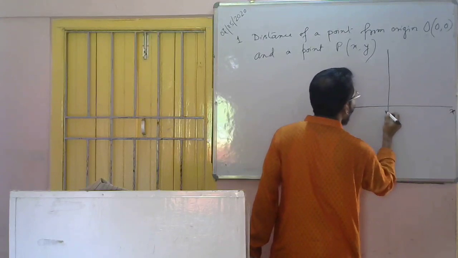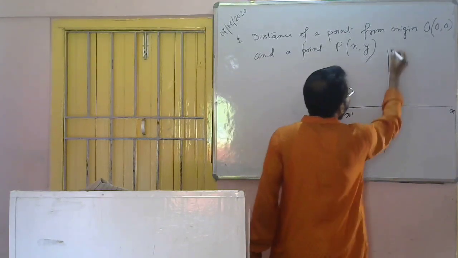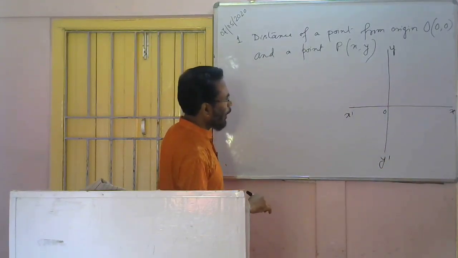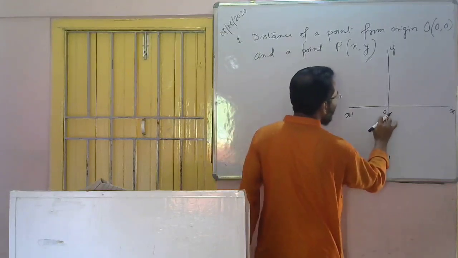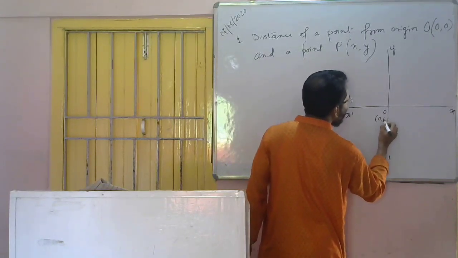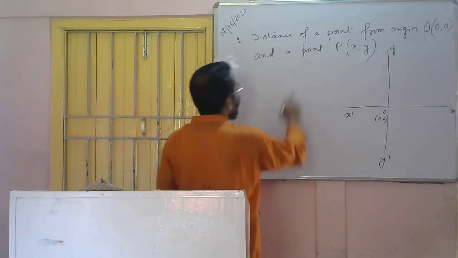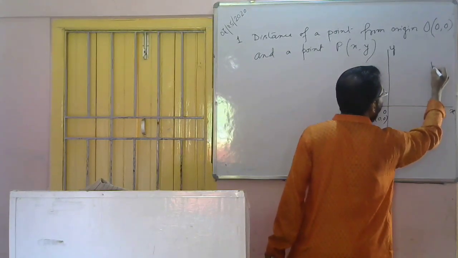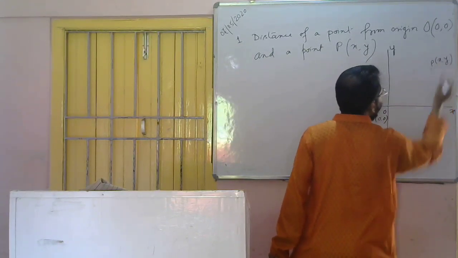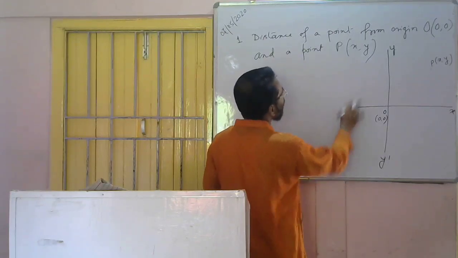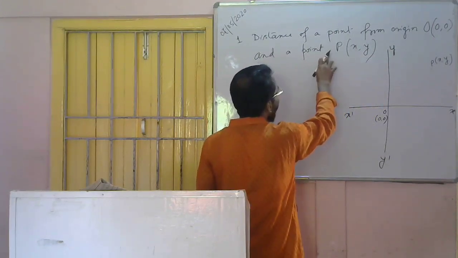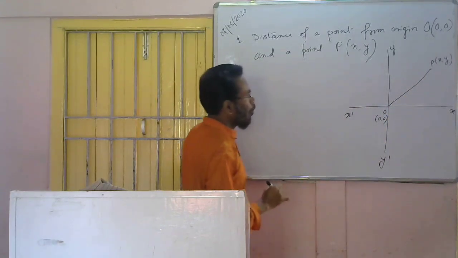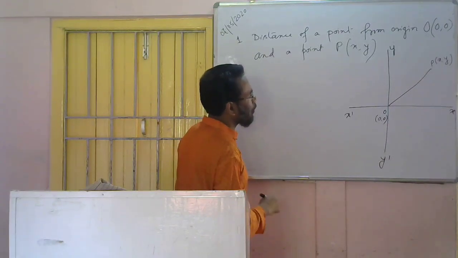X O X dash and Y O Y dash are two Cartesian axes. The initial point O has coordinates (0, 0), and there is a point P (x, y). We have to find the distance from the origin to point P, that is OP.